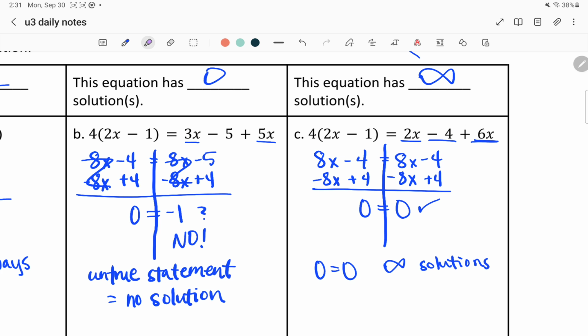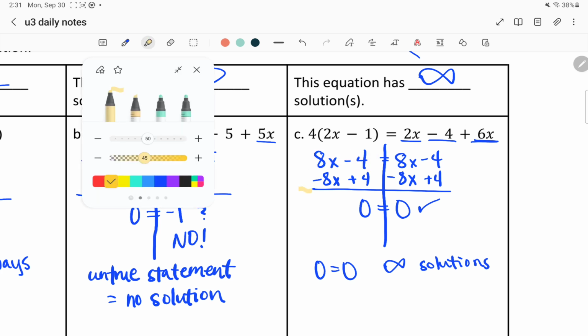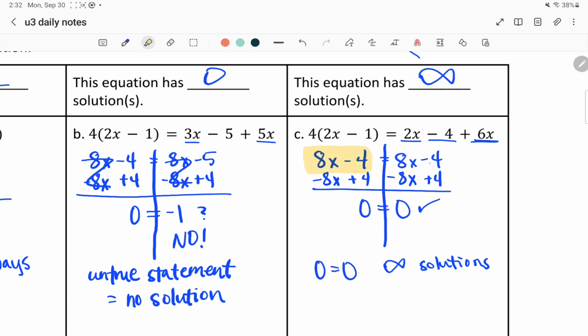Or we could have known that this was infinite solutions pretty early on. Do you see how on both sides of the equal sign, I'll use a different color, on both sides of the equal sign, I had 8x minus 4?